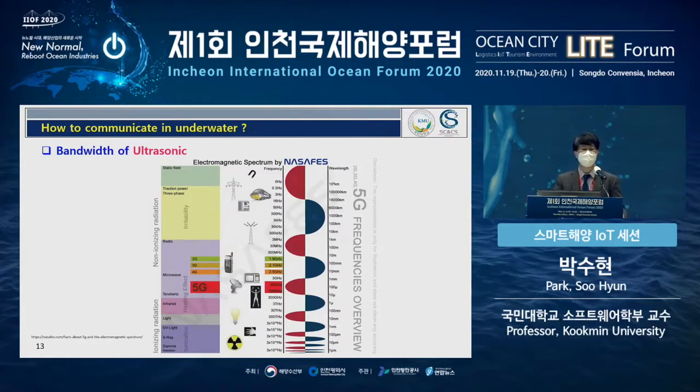One of the best ways for communication underwater is to use ultrasonic signals, as Yongjin from working group 5 explained to us. The propagation speed of ultrasonic is just 1.5 kilometers per second. That means we cannot use legacy communication protocols based on TCP/IP, and we have to create new underwater protocols like this one.